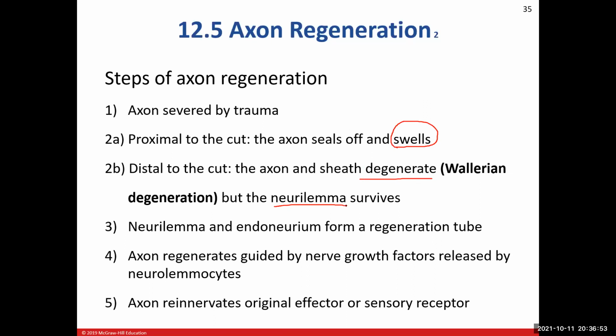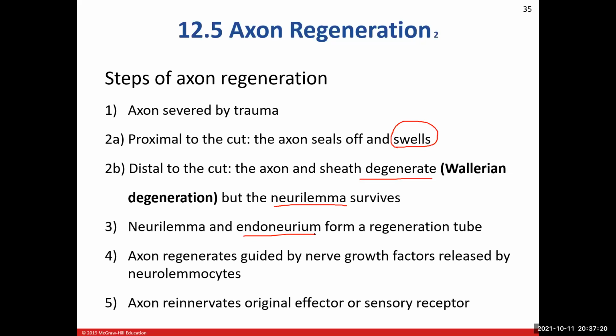We need that neurolemma to survive, because we're going to thread that axon back through that neurolemma there. So whatever's left over, that neurolemma and the endoneurium. What's the endoneurium? The endoneurium is that connective tissue sheath that covers each individual axon.